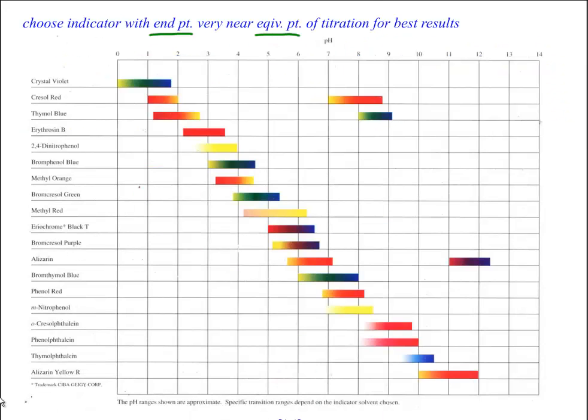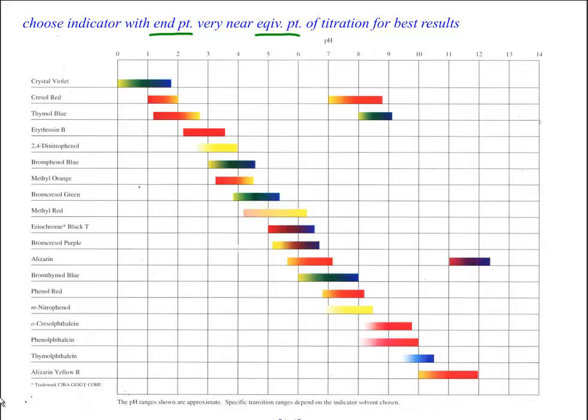This is a chart of a variety of indicators, and this chart is in your book. Some of these indicators we have, some we don't. Some of these we've already used.